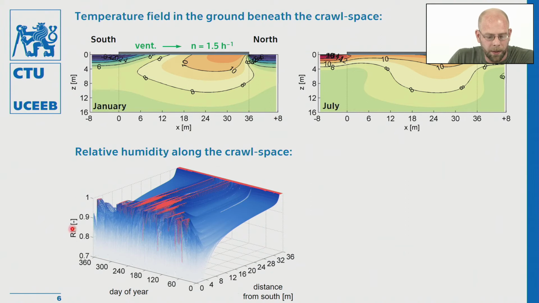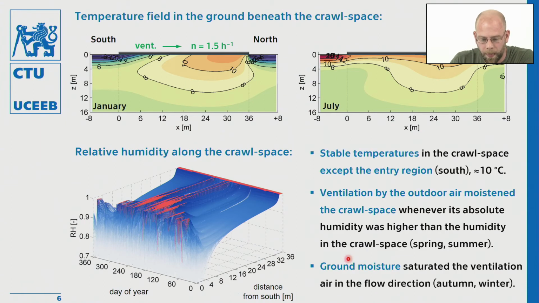Here is a picture of the humidity regime of the crawl space. This axis shows the distance from south, and this axis shows days of the year, and the red zones are the condensation times and length. Most of them are concentrated during spring and summer.